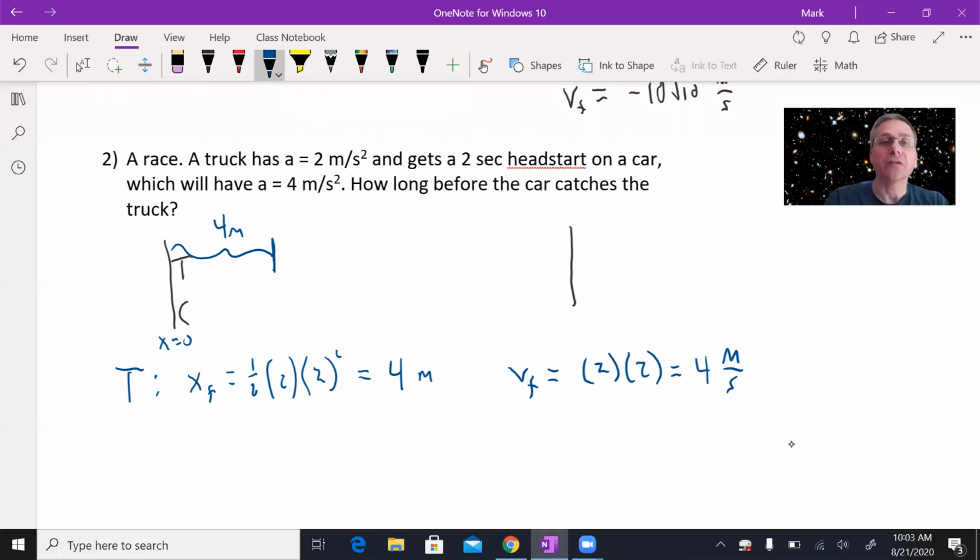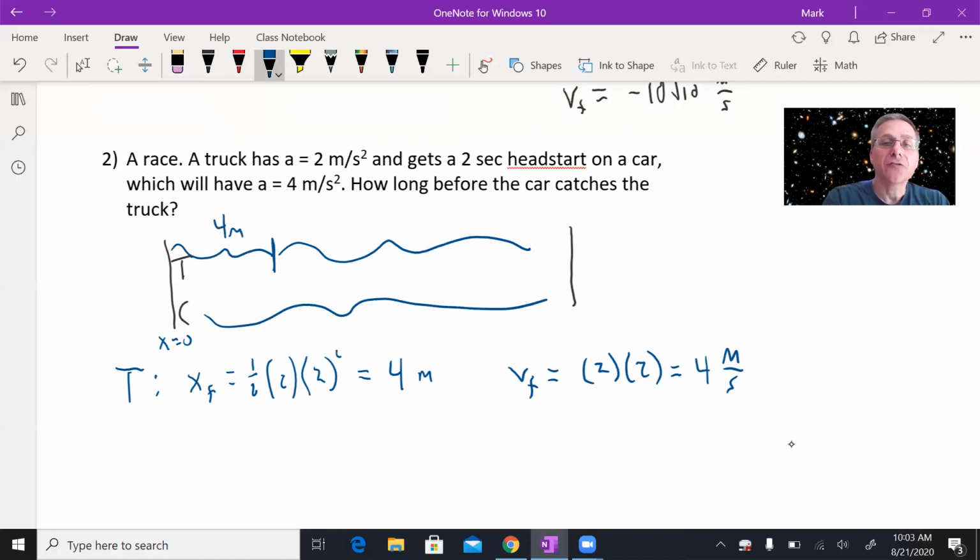How do you do this then? What's going to be the same for the car and the truck from this moment, now that the truck has the head start? Well, in some fixed amount of time, the truck has a shorter distance to travel compared to the car.